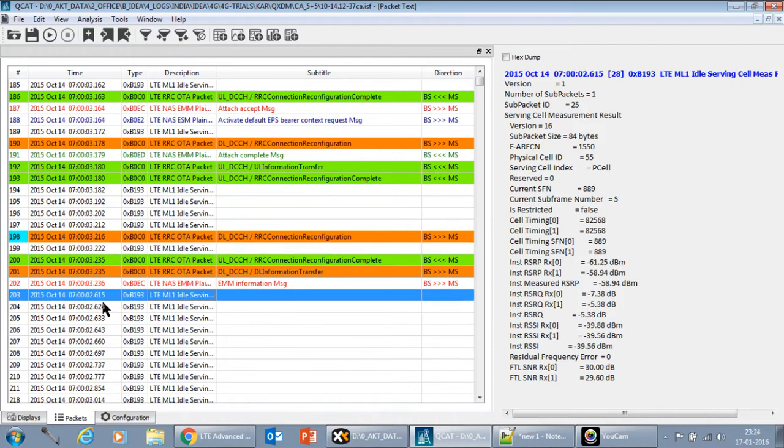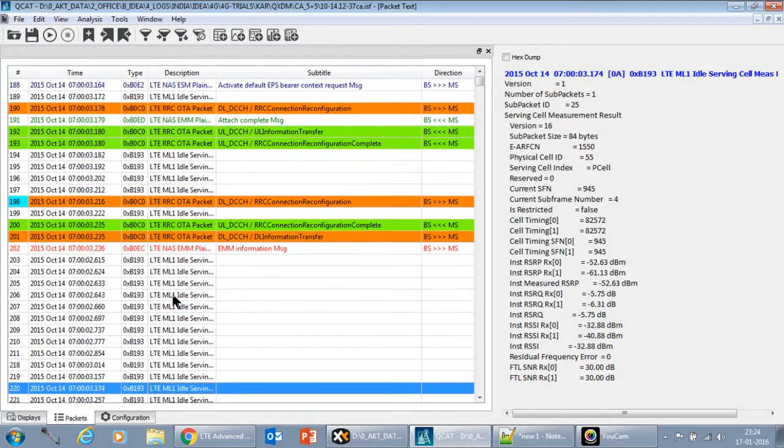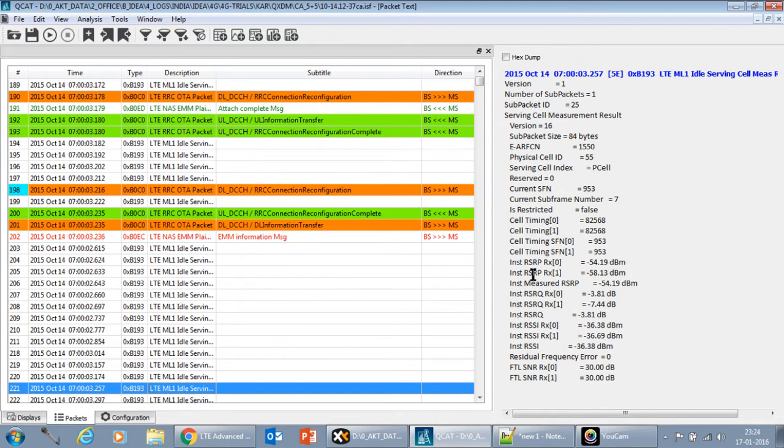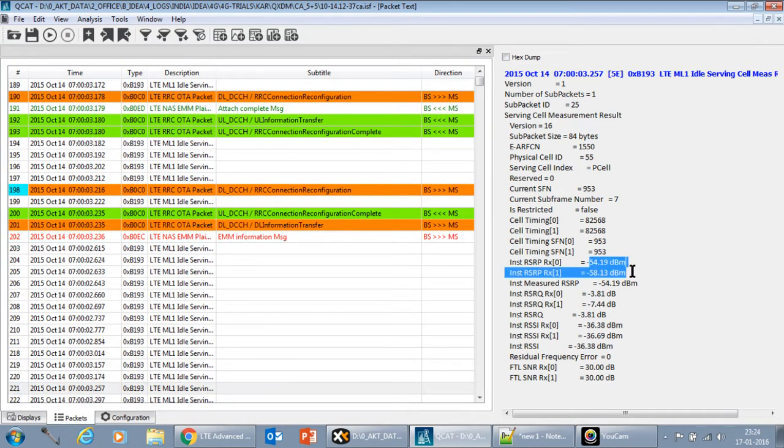Now what I'll do is please keep a note of this timestamp and keep looking at this. At some point in time I'll scroll past fast, but if you keep your eye on this, you will note whether it is a P cell or S cell. And it says what the RSRP of the first branch and the second branch is. So what is the instantaneous measured RSRP, and similarly RSRQ and the RSSI which it is receiving, and what is the SNR.